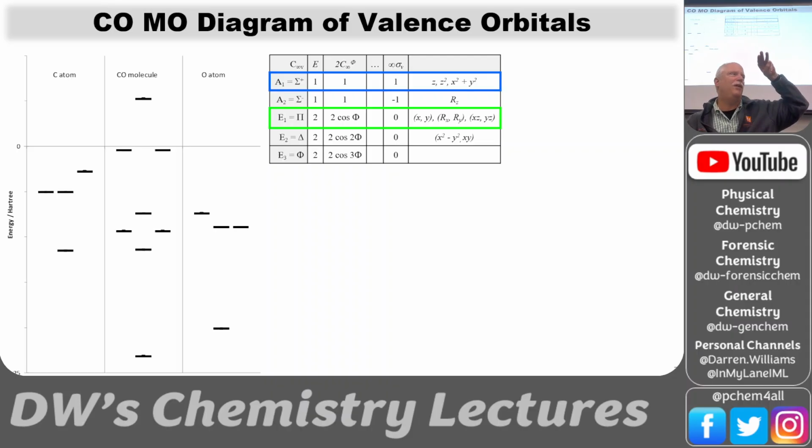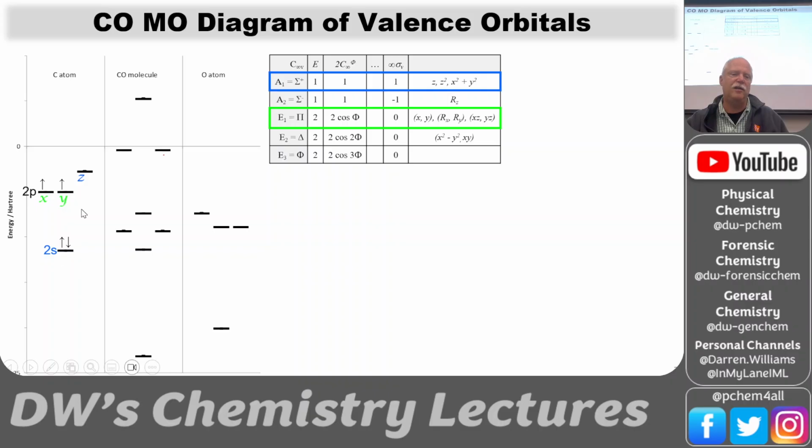We should have 3 p orbitals. If you're drawing it by hand, you would just draw 3 equal energy p orbitals. But we gave Gaussian the option, and it calculated the energies, and they're not exactly the same because 2 of them are occupied and this one's not occupied, so it has a slightly different energy.